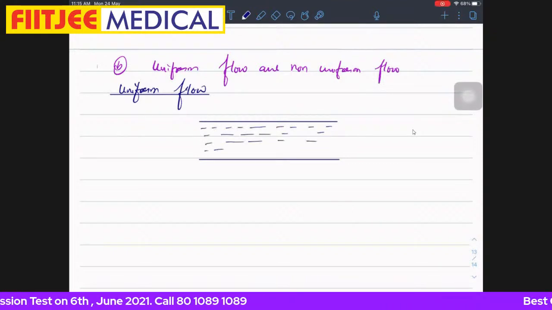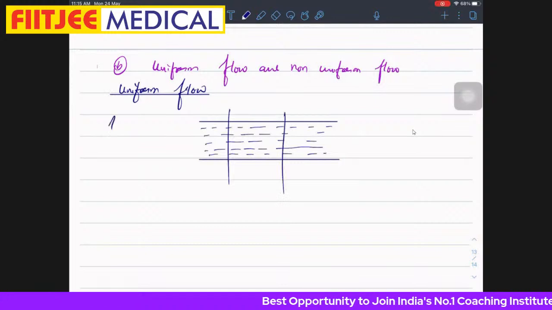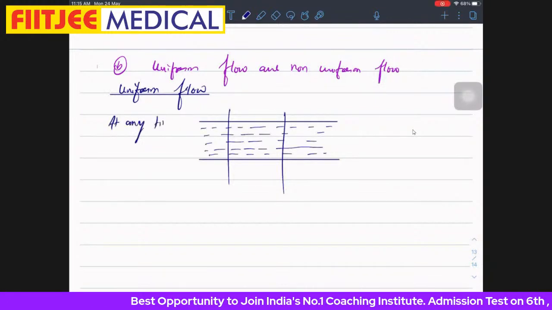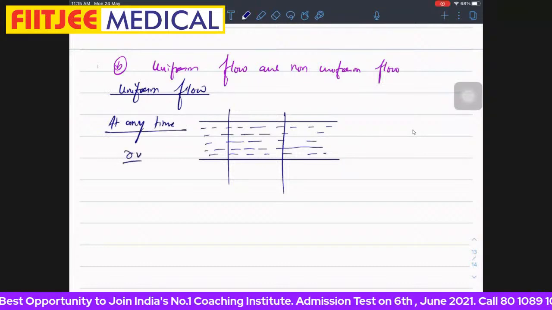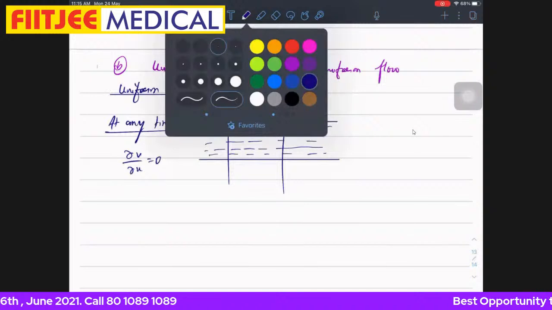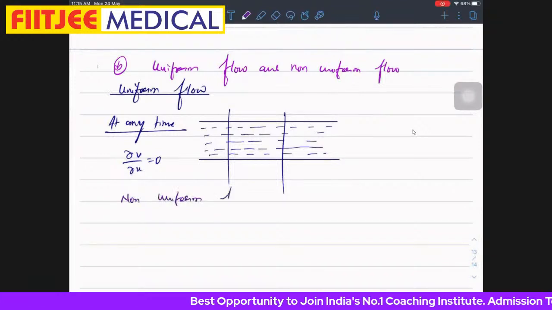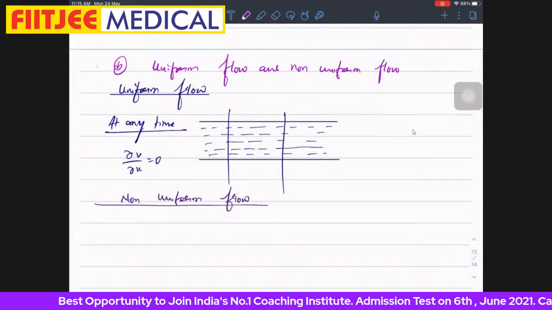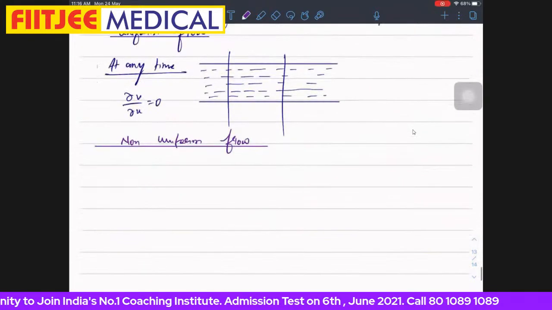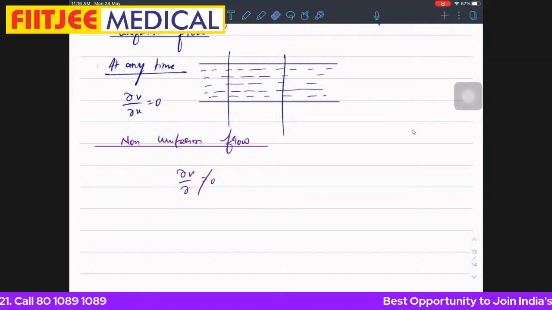With respect to time it may vary, but at any time, del v by del x should be 0. It means velocity should not change with respect to position. What is non-uniform flow? In non-uniform flow, del v by del x will not be 0. At any point the velocity could be different. That is called non-uniform flow.